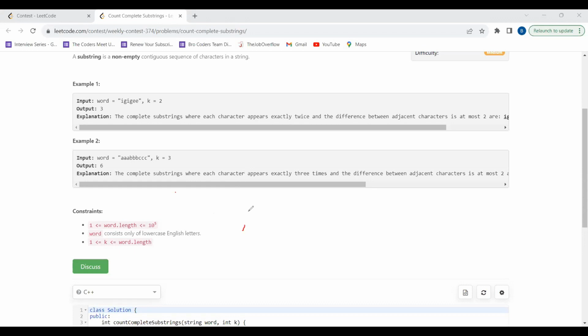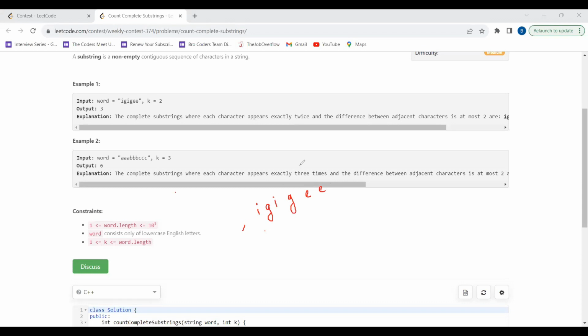For the first example, we have I, G, I, G, E, E. What's the absolute difference between the ASCII characters of I and G?